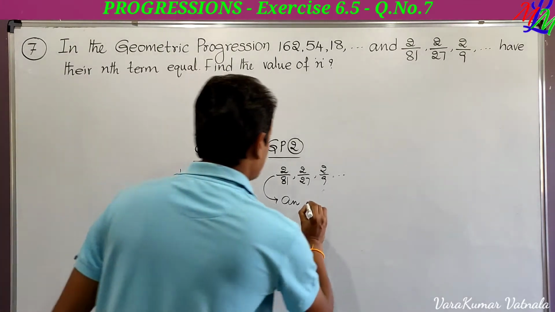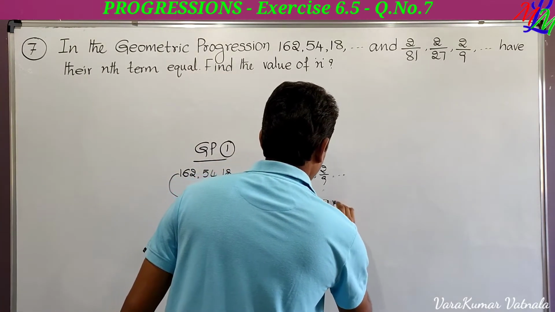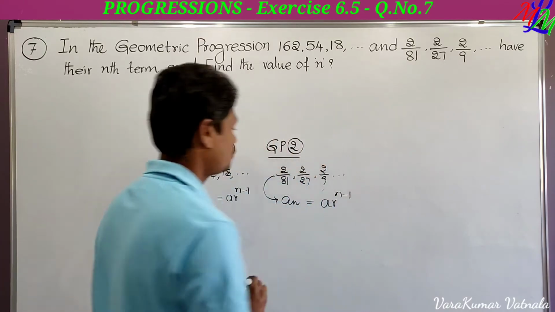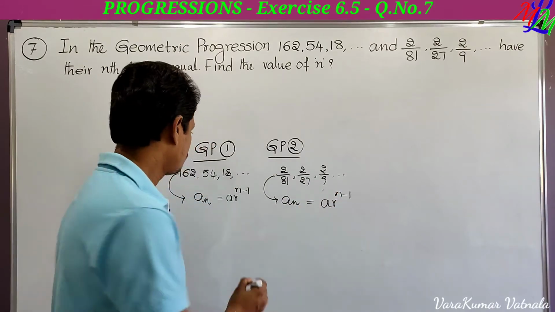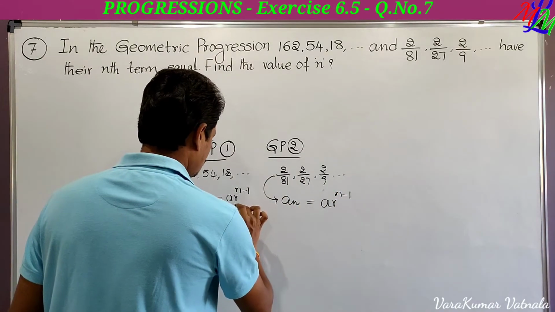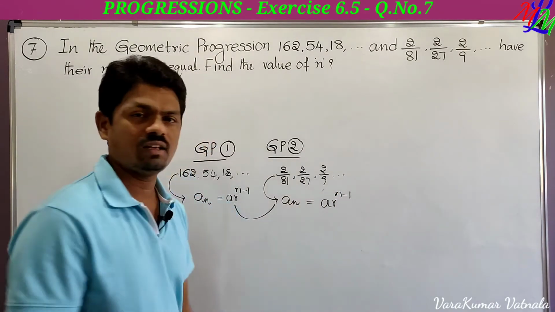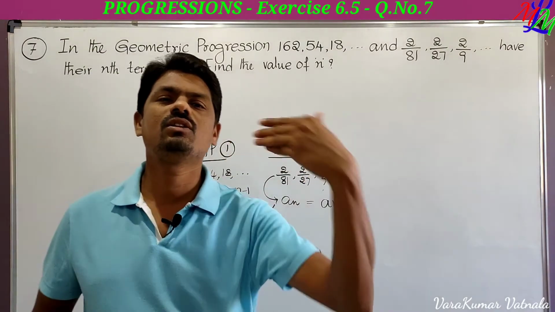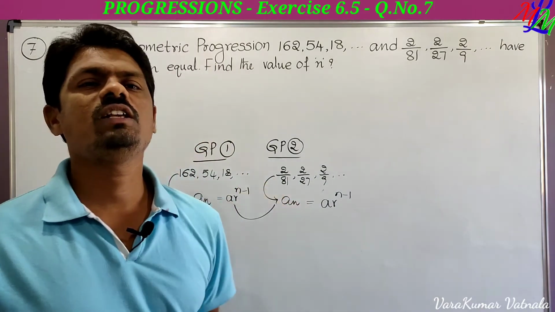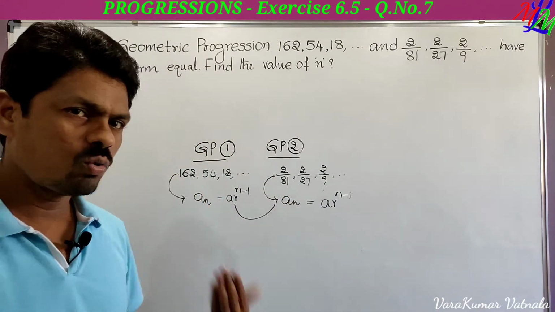Here also we have to find the nth term, a into r to the power n minus 1, with the a value and the r value. By equalizing the nth terms of these two, we can get the value of n. This is the analysis, student, and now we have to solve.